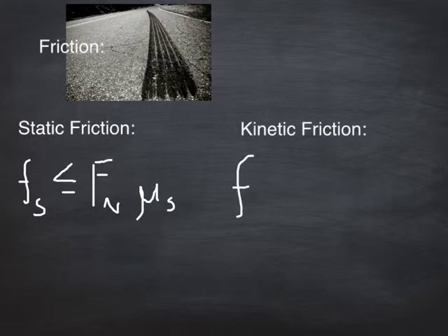So that's written as a lowercase f with a subscript of k. And kinetic friction is a little bit more straightforward in that it is just straight up equal to the normal force on the object that you're interested in.